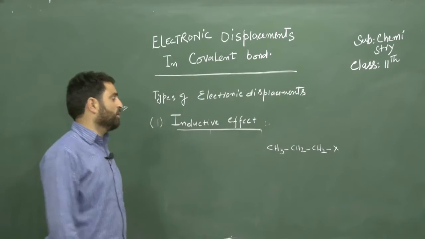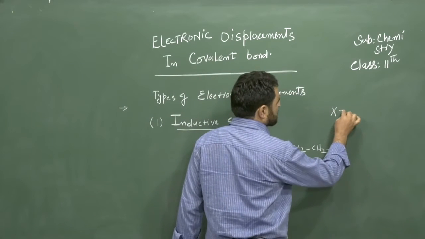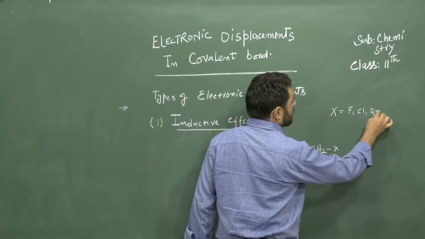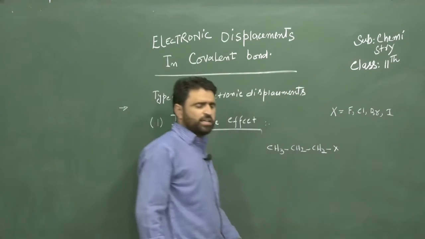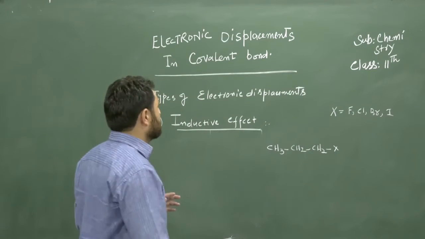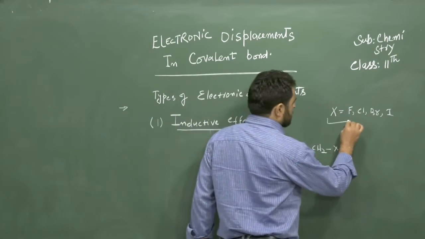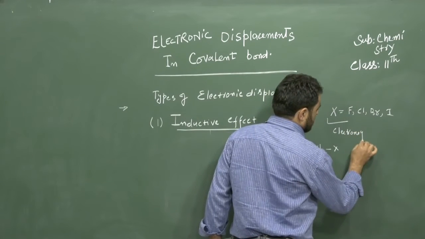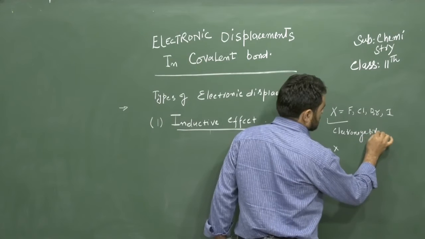X is any group, a halogen, like fluorine, chlorine, bromine, and iodine. X is any electronegative group.